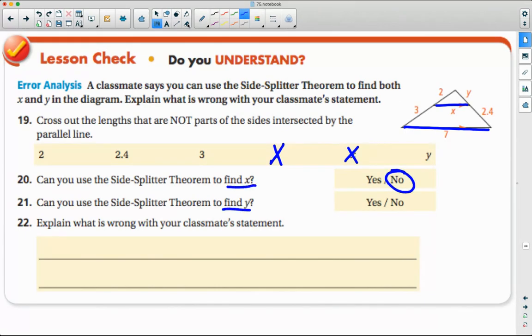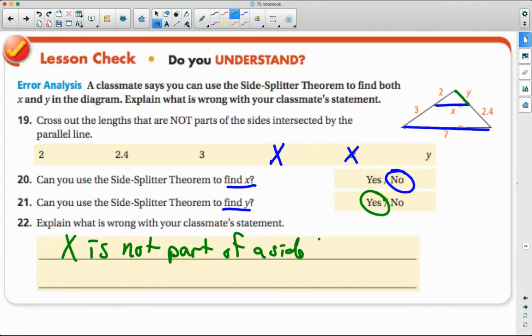What about to find y? Could you find y? Yes, you can use the side-splitter theorem to find y because y is part of a side that's being split. So explain what is wrong with your classmate's statement. X is not part of a side that is split. So you can't use the side-splitter theorem.